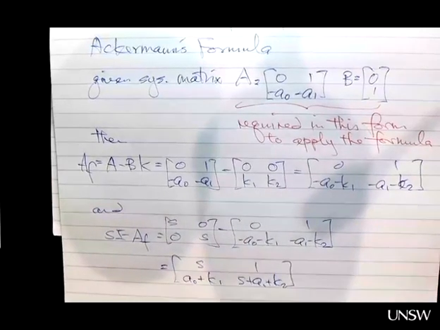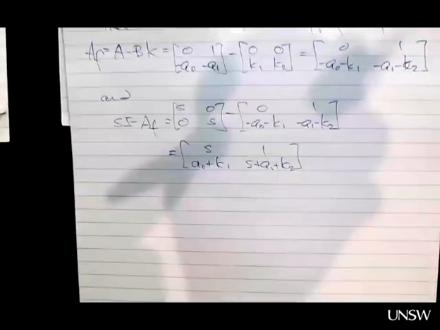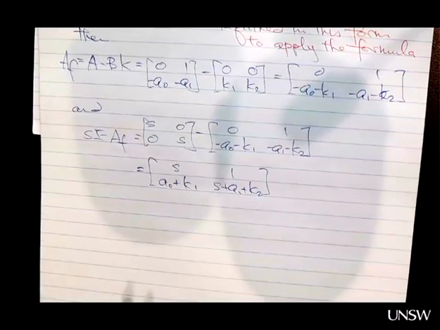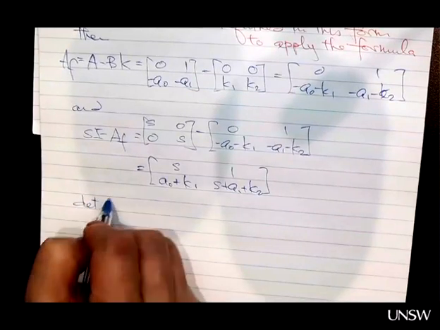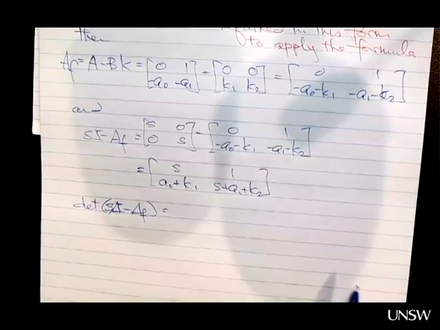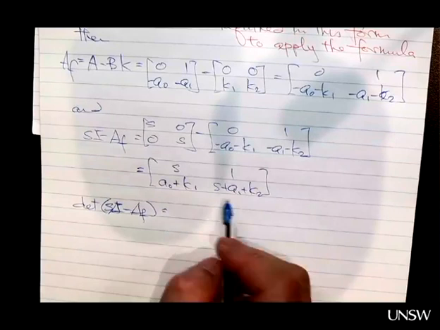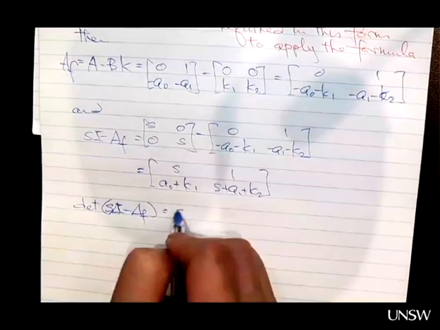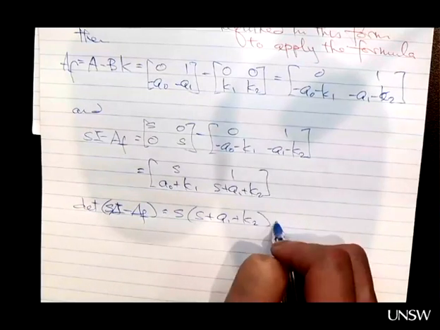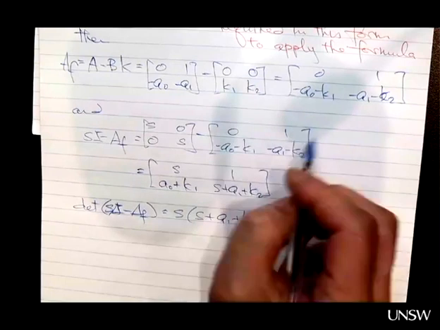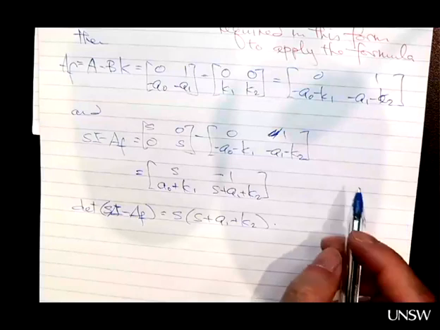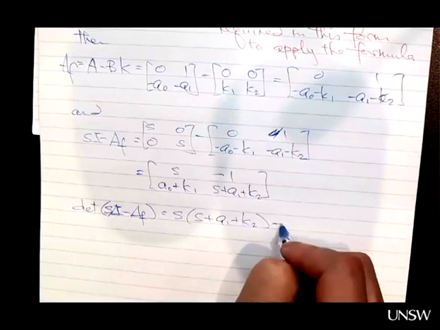So we arrive at this form, and then the determinant of SI minus AF is S squared plus (A1 plus K2) S plus A0 plus K1.